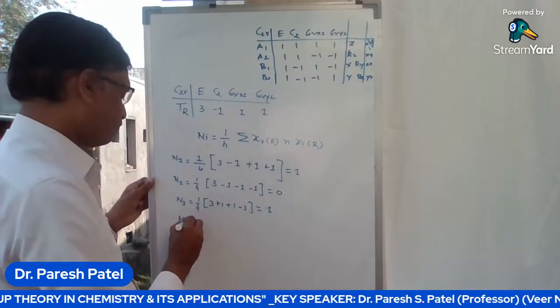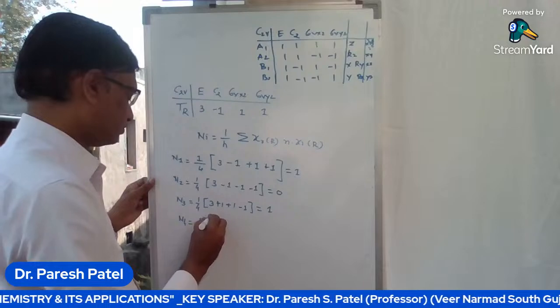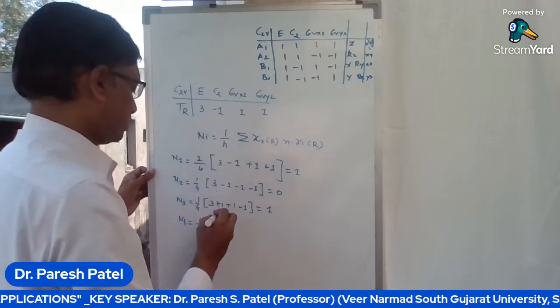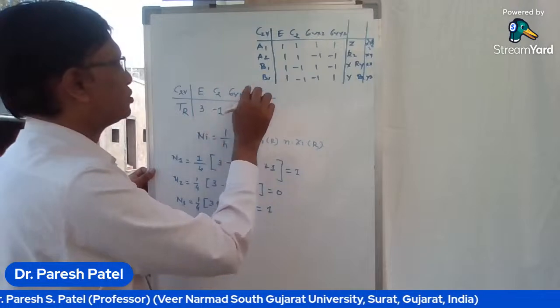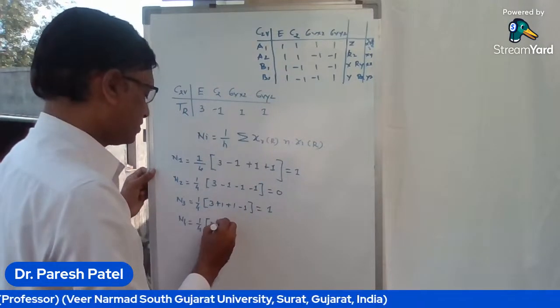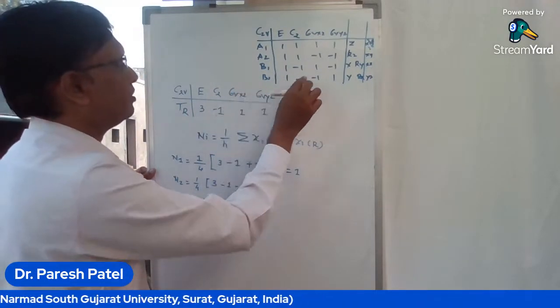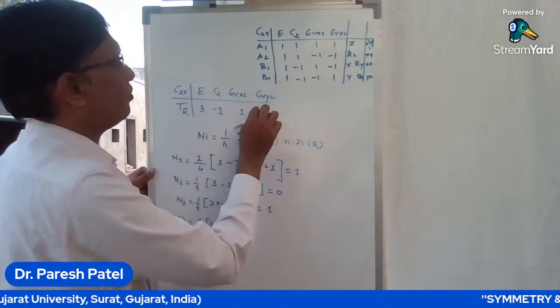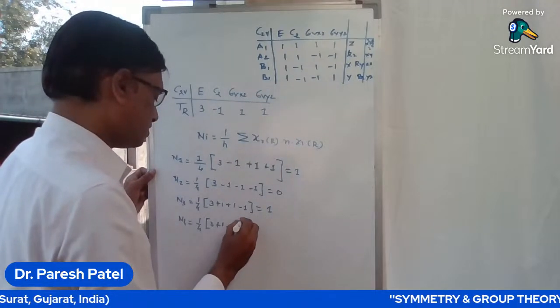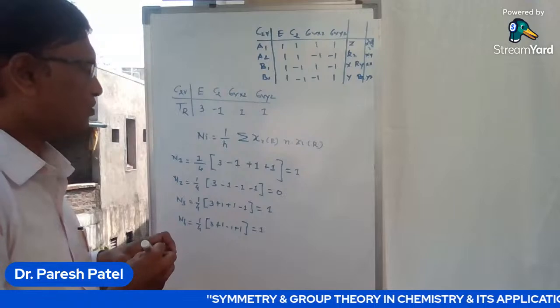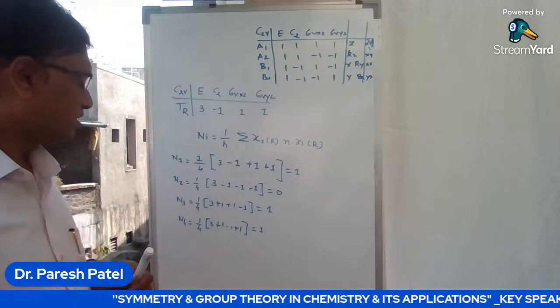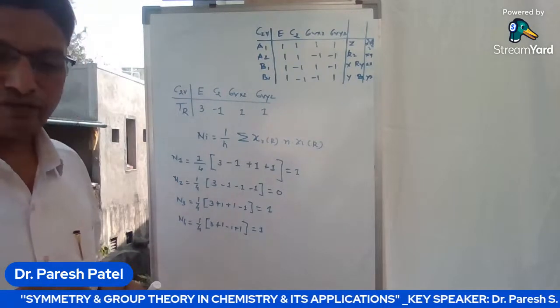And the value for N4 is equal to 1 by 4. 3, 3, 1, 1. Minus 1, 1 minus 1 plus 1. 1, 1 minus 1 minus 1. 1, 1, 1 means plus 1. So the sum is equal to 1. So the value for N1 is equal to 1, N2 is equal to 0, N3 is equal to 1, N4 is equal to 1.